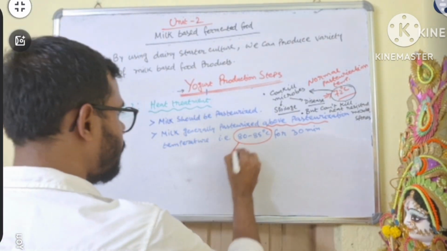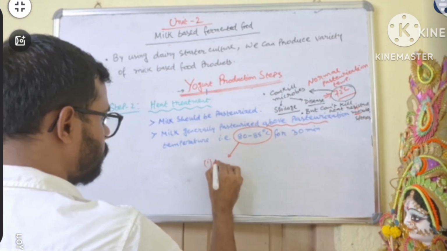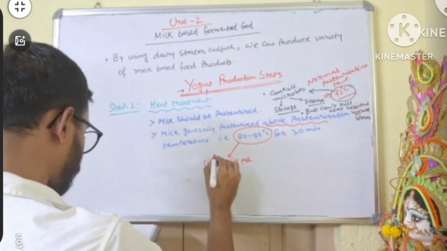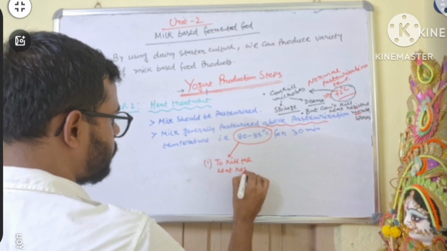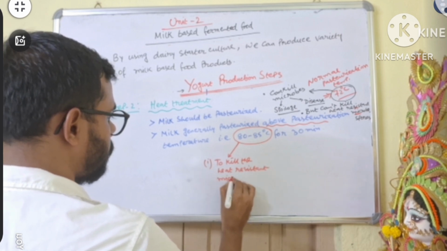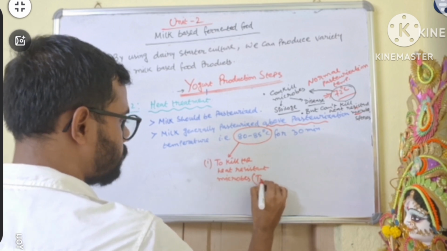First reason, to kill the heat resistant microbes. Number one reason: heat resistant microbes, and they are called thermoduric microbes.